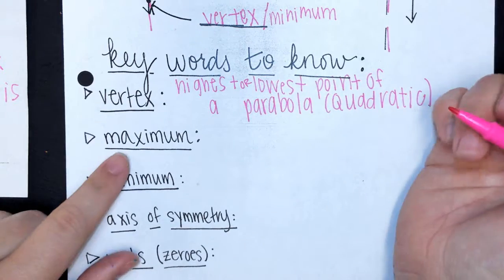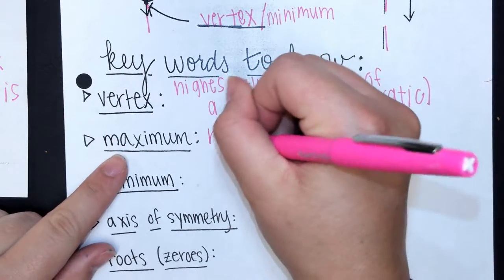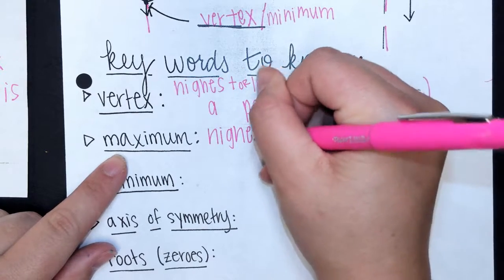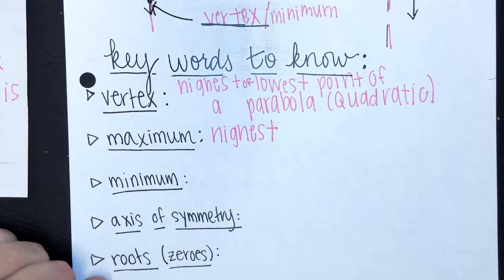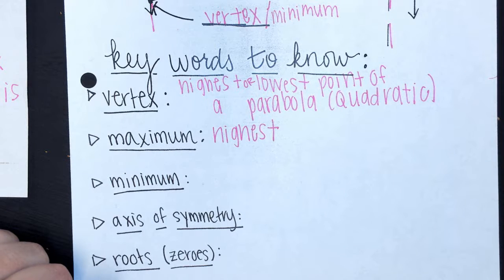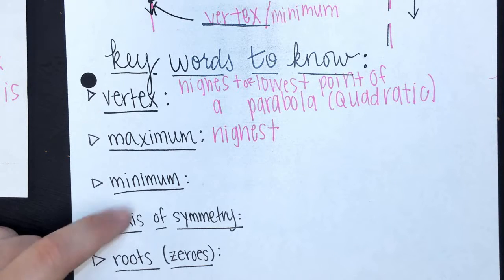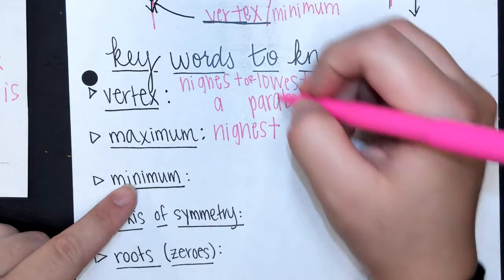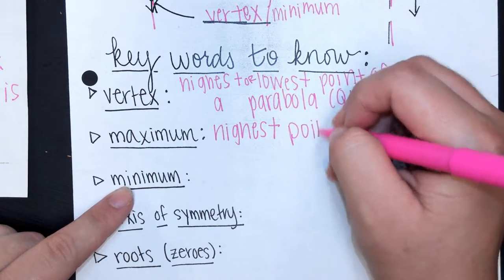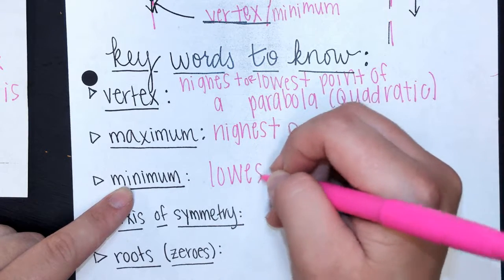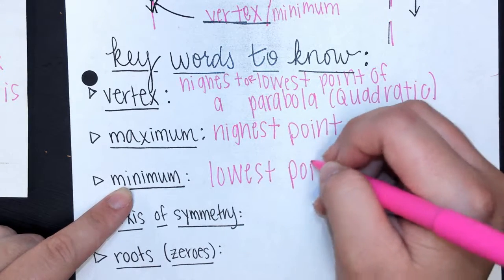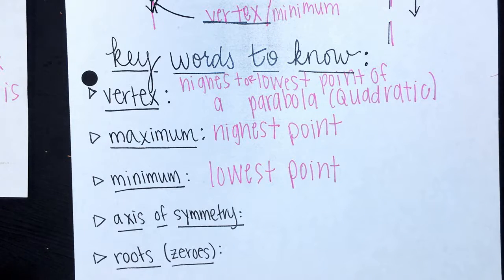When your vertex is at the highest point, it is called a maximum. When your vertex is at the lowest point, it's called a minimum.